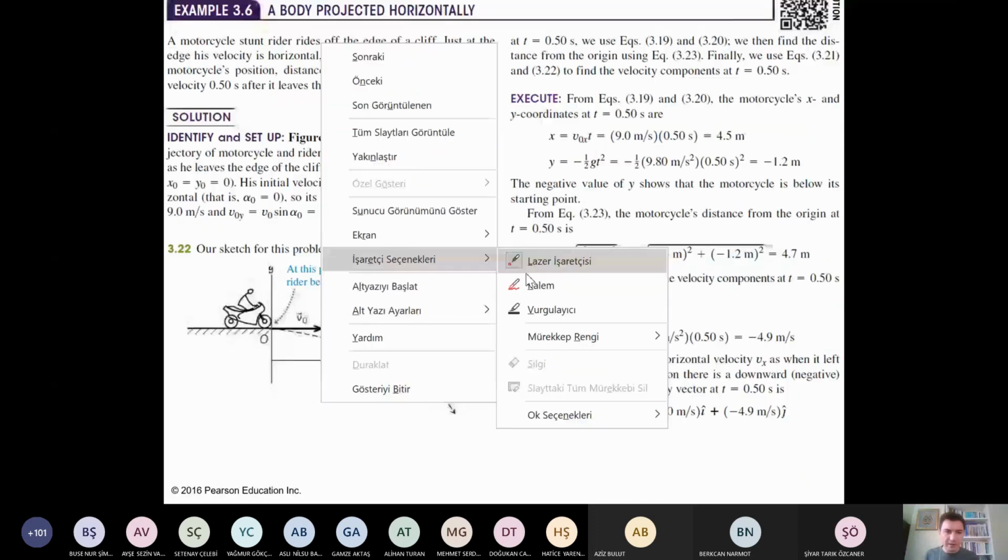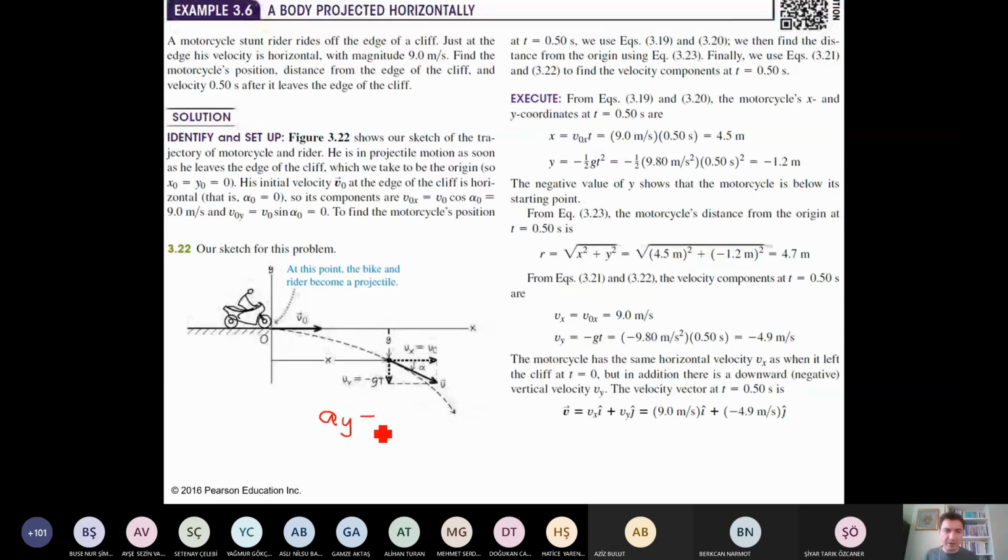Then the acceleration along the y-axis, a_y, is given by negative g, because this is the ground, and this bike will have this type of motion, free fall, along the y-axis, and it also has motion in the horizontal direction along the x-axis, and this is the trajectory of the bike. Let's say like this. You can consider that this is the final position.